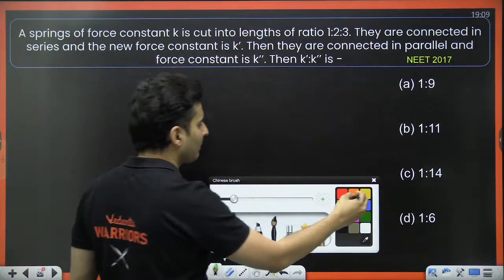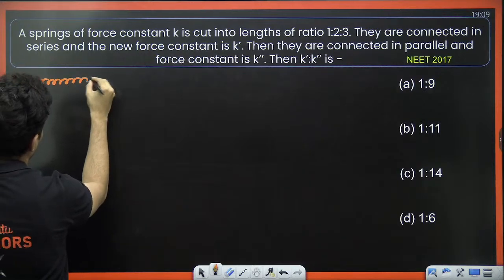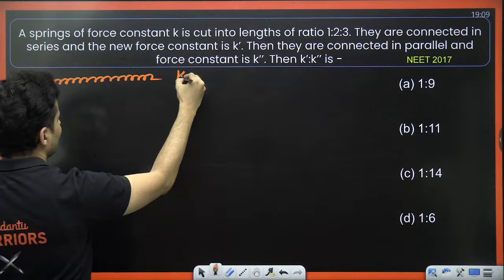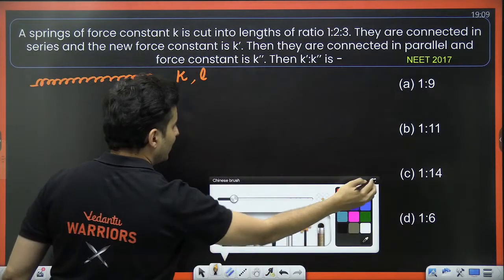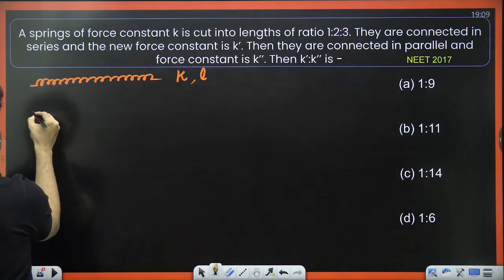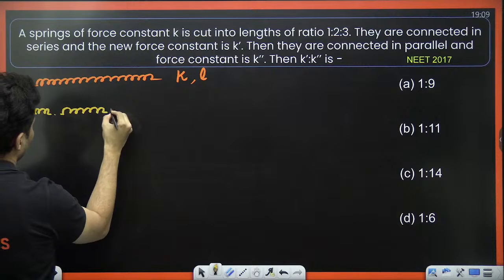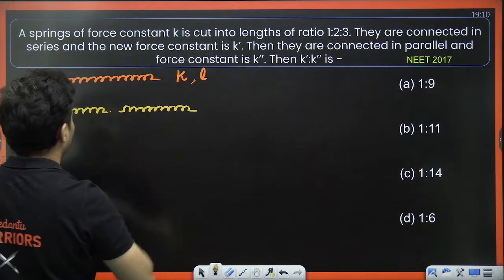Okay, I'll tell you what has happened. See, there was a long spring like this. The original constant was K. Original length was L. Now what you do is you cut it into the ratio 1:2:3. Like that you cut it.